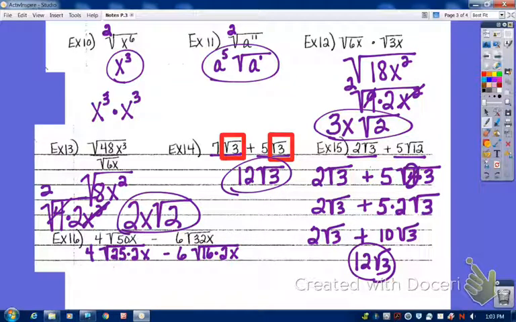See if y'all can do this one now. What's the next step going to be? Okay, so the square root of 25 is 5. It comes out. It gets multiplied times the 4, and then I have a 20 square root of 2x. Then I take the 16, I take the square root of that, which is 4, and I do 4 times 6, which is 24.